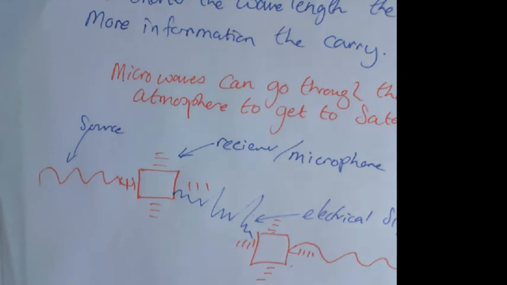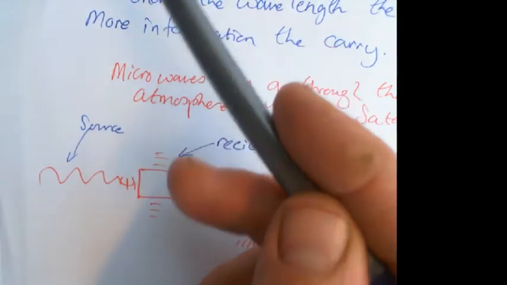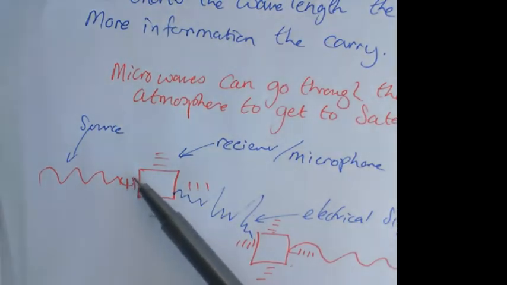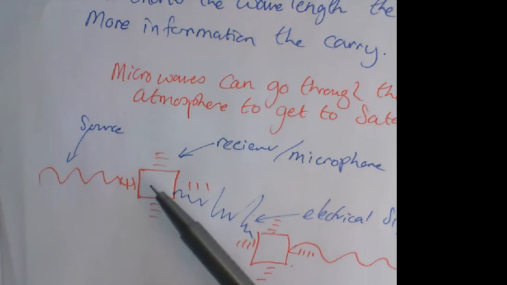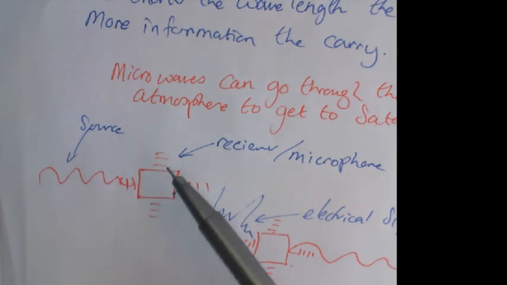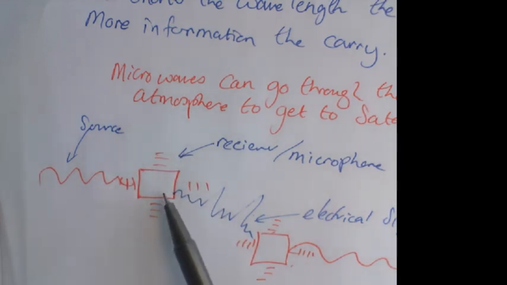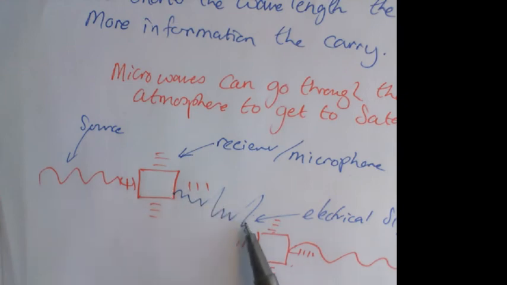So in your mobile phone you'll have a piezoelectric crystal that will receive the microwave that's being sent down, and it will be tuned to the frequency of the microwave, so it will vibrate more at that frequency than something else would. Okay, so it's designed to pick up that frequency. It will vibrate, and those vibrations produce an electric signal. The electric signal is then turned into ones and zeros, which then causes your speaker to vibrate so that you can hear the person talking to you.